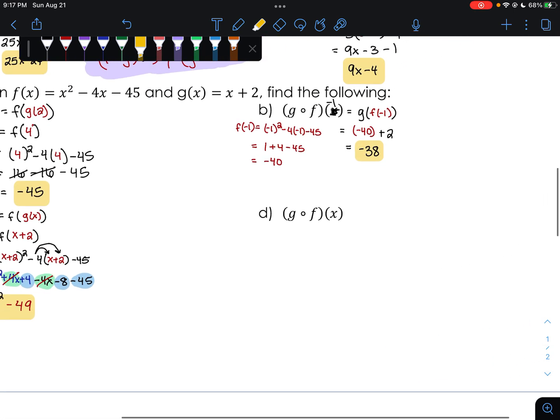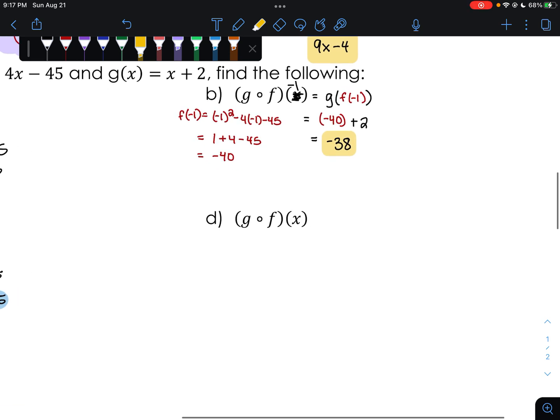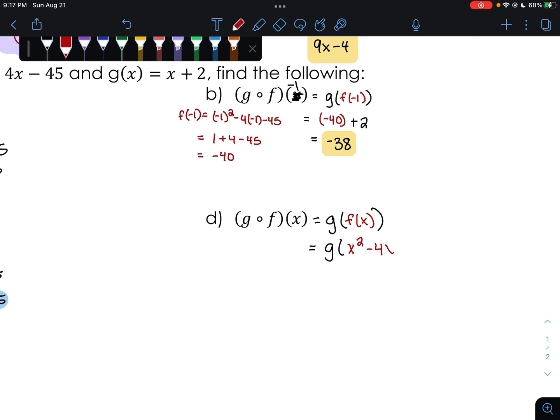Okay, moving on to the last question. We have g of f of x. So that is equal to g of x squared minus 4x minus 45.